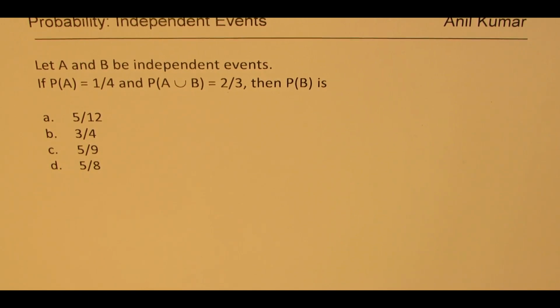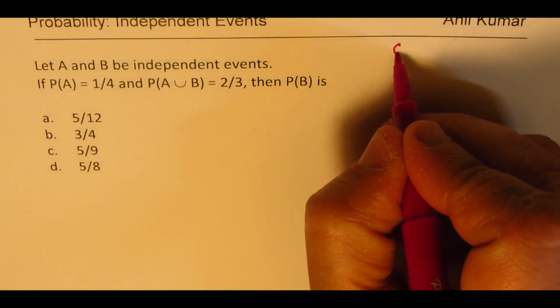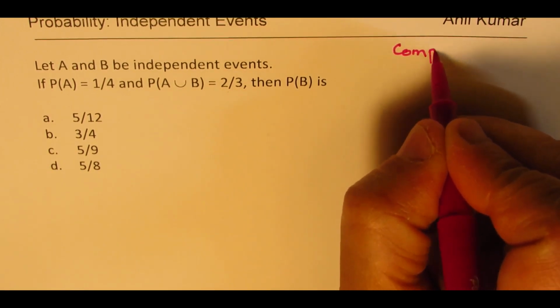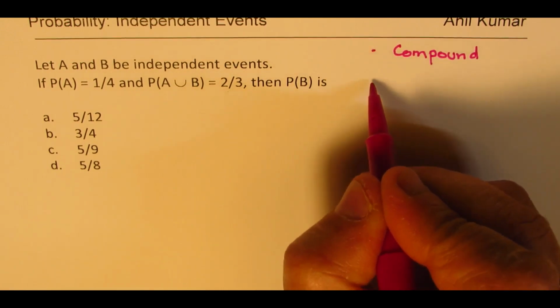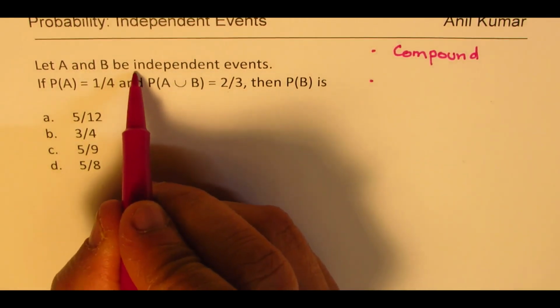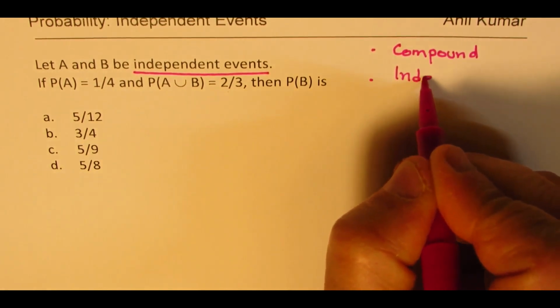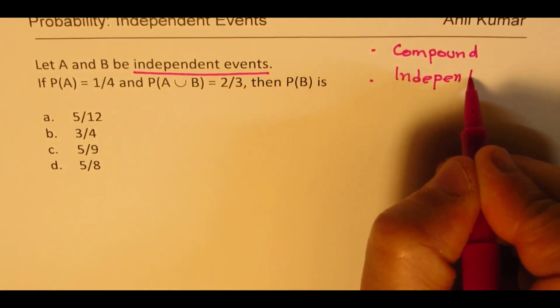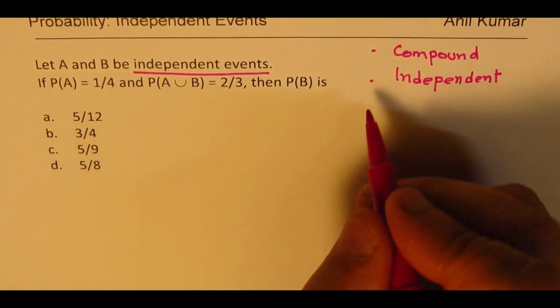Let's try to understand. When we are talking about two events, of course it is a compound probability, right? Now, the second part mentioned here is independent events. Compound and independence, what does that remind you of?